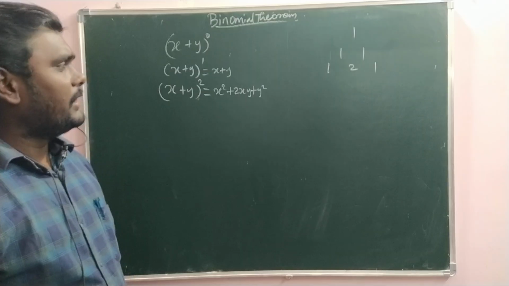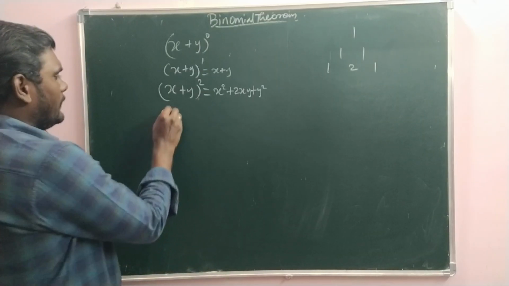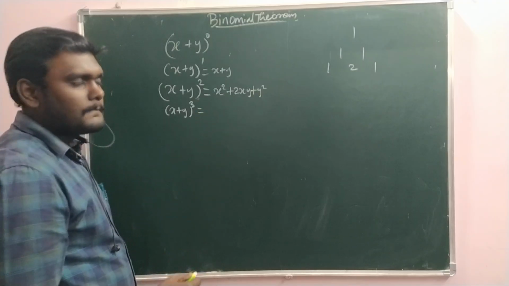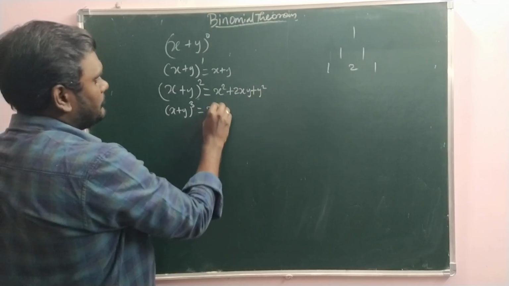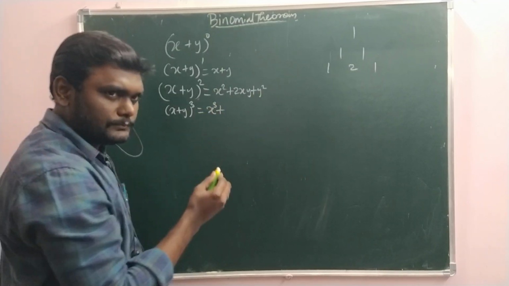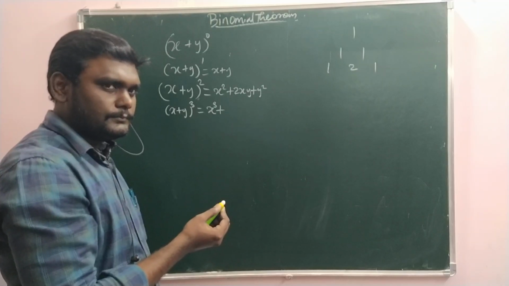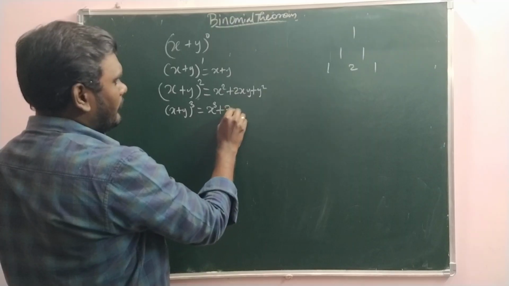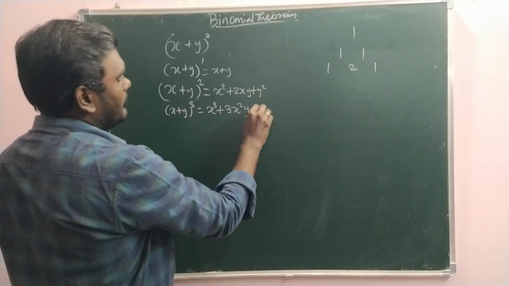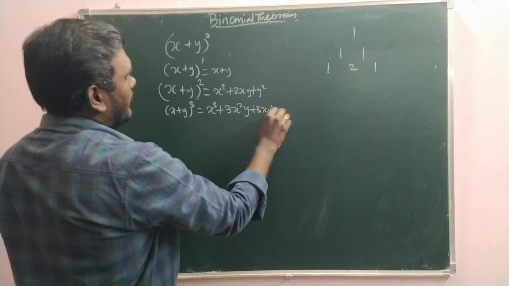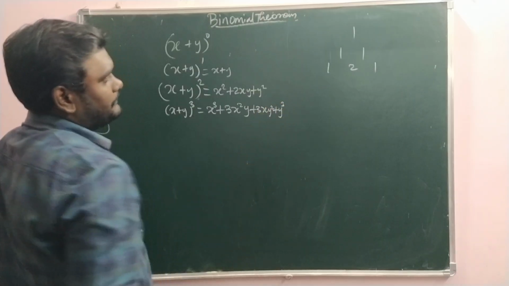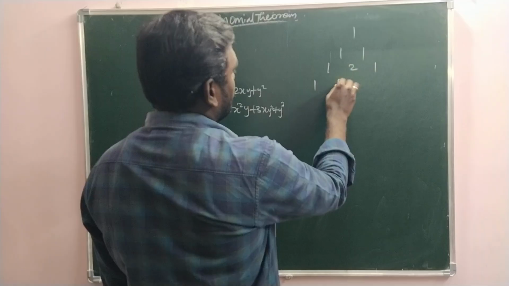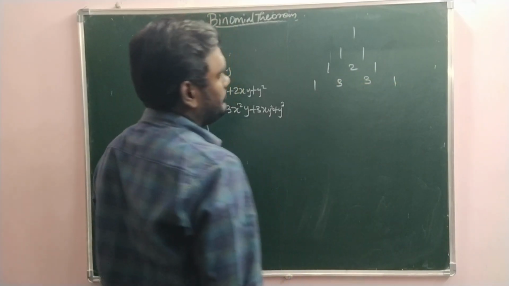One shape is forming, right? x plus y whole cube. That is x cube plus 3x square y plus 3xy square plus y cube. Now write out the coefficients. That is 1, 3, 3, 1.